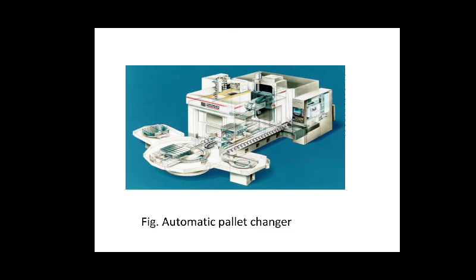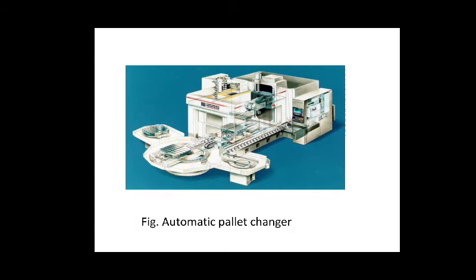In this automatic pallet changer, the pallet simply moves. That means suppose here raw material is kept, and when this pallet moves over here, the different operations are performed over here.